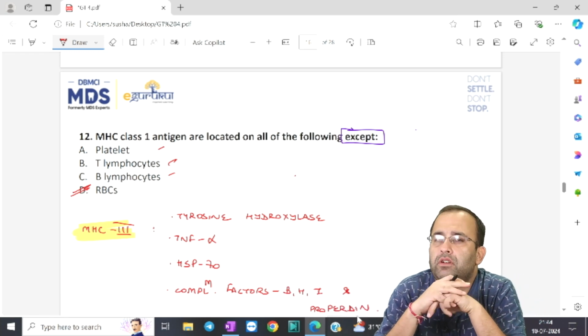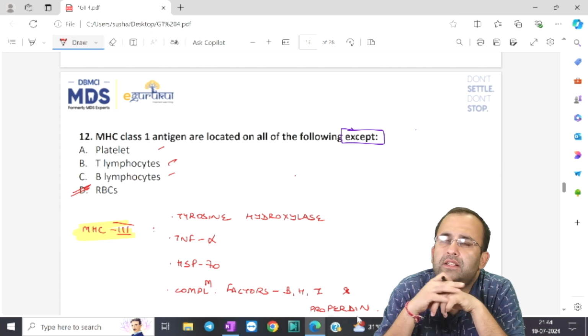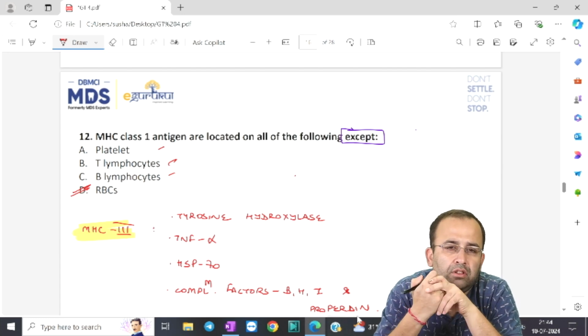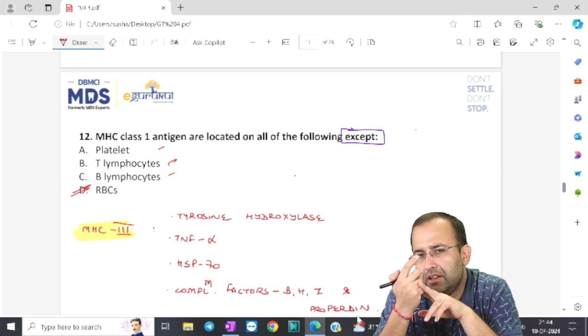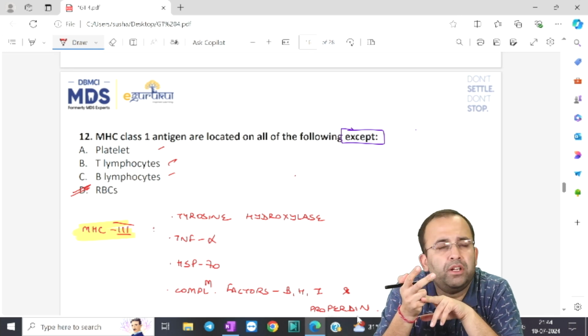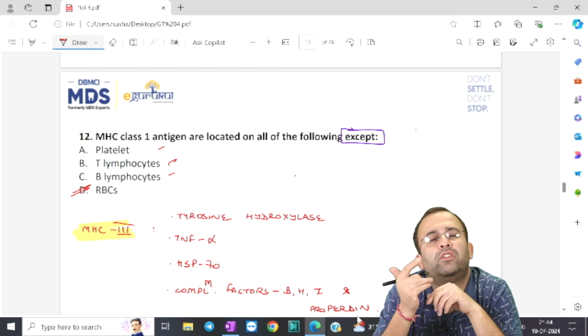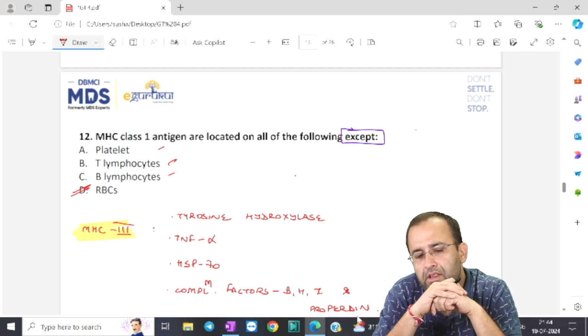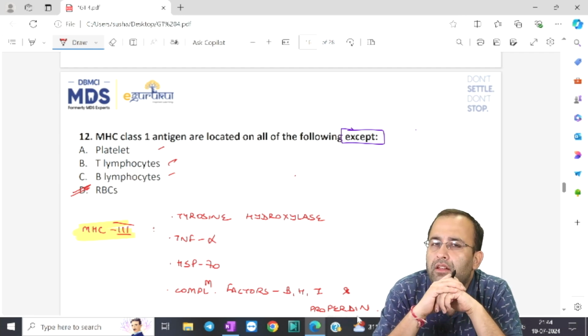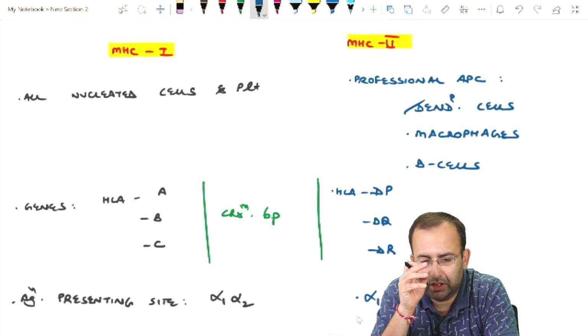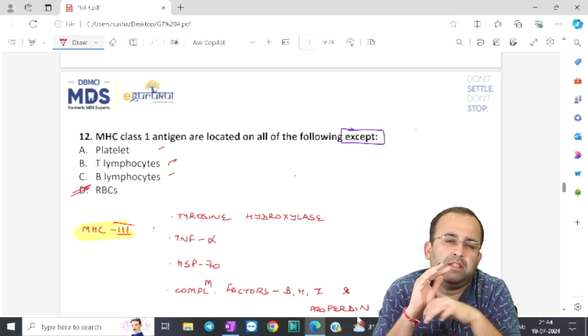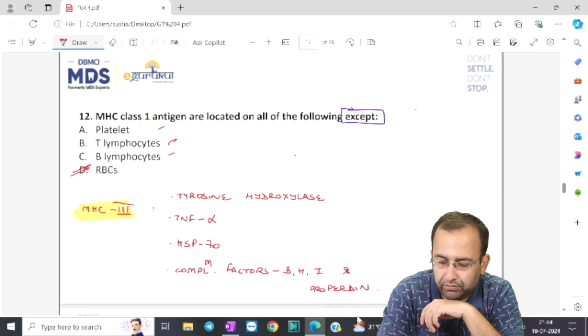Very, very important. MHC3 secretes four things: tyrosine hydroxylase, TNF alpha, tumor necrosis factor alpha, heat shock protein 70, and complement factors and properdin. This was MHC3. So we need to know, much more important than MHC1 and 2 was MHC3. We need to know this.